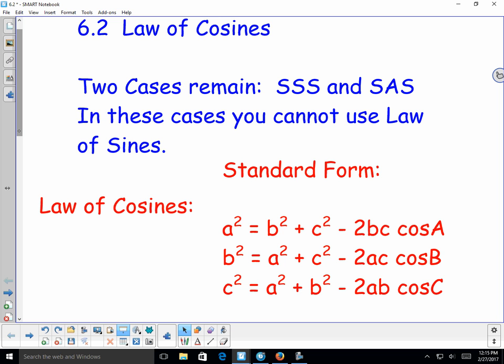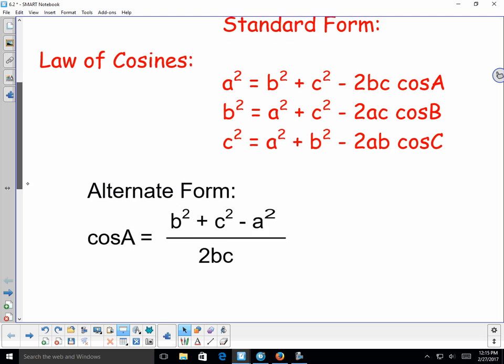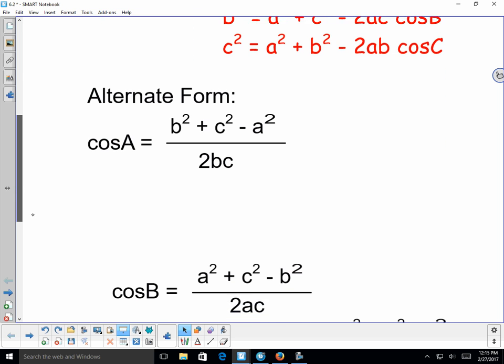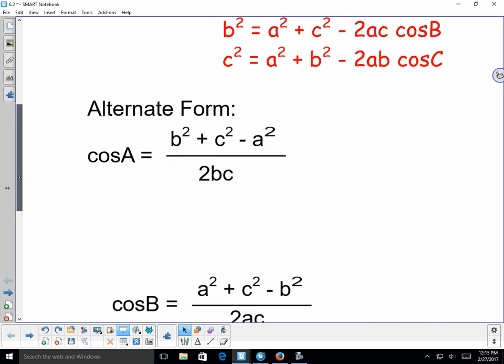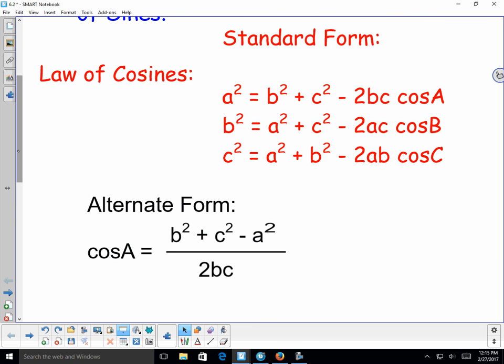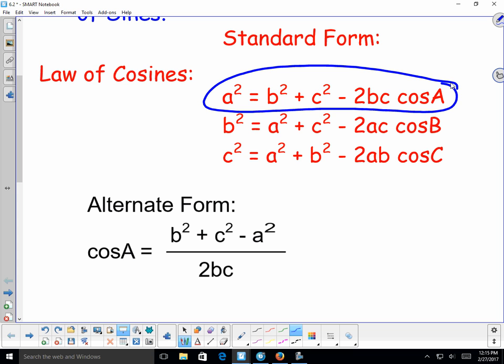But what if you're trying to solve for an angle itself? Then you would use one of these alternate forms. If you take this equation and solve it for the cosine of angle C, you will get this formula.